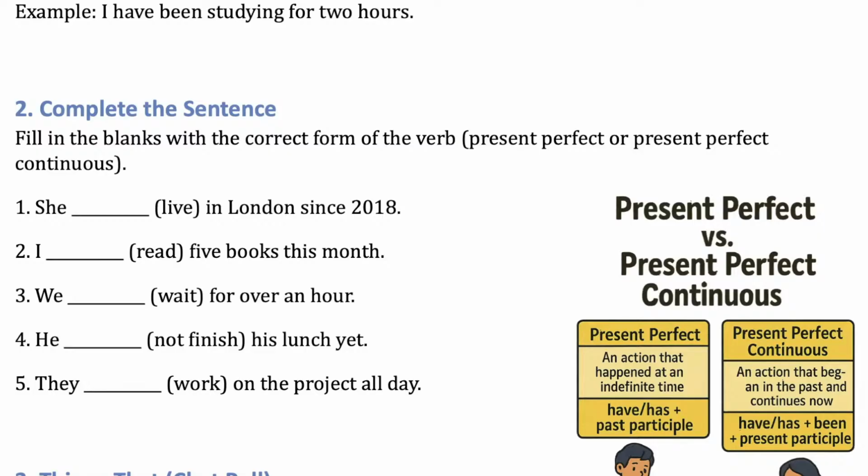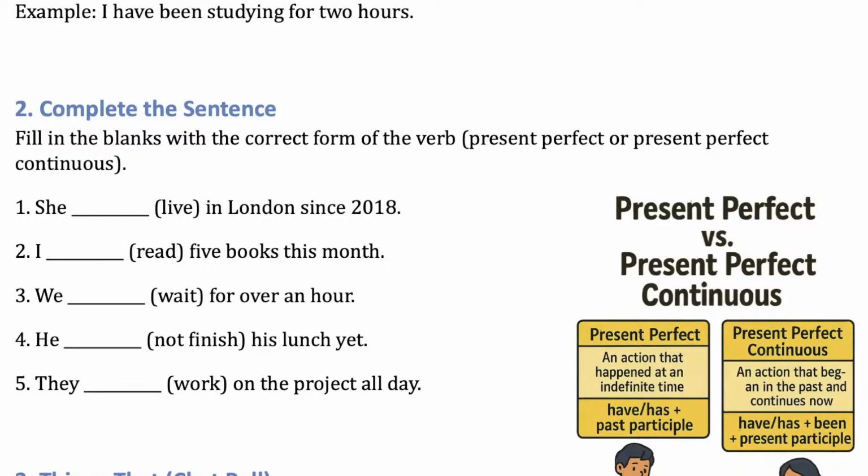Helga, we have been waiting for over an hour. Yes, good. Number 3, we have been waiting for over an hour. Okay, good, Julia. She has been living in London since 2018. Good. Okay, Rajine, she has lived in London since 2000.